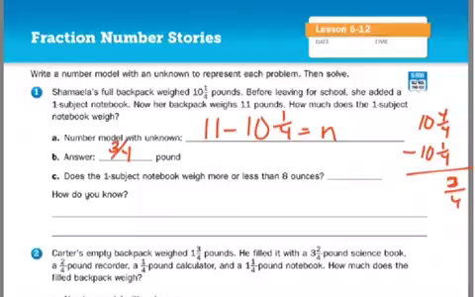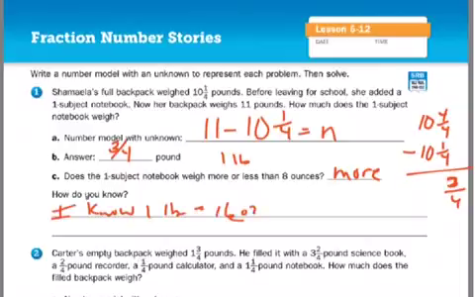So then the next question it's asking me is, does the one subject notebook weigh more or less than 8 ounces? So you're having to do a little conversion here. So I know that 1 pound, well, I guess I can write it out down here. I'm going to say it's more. And I know 1 pound equals 16 ounces.